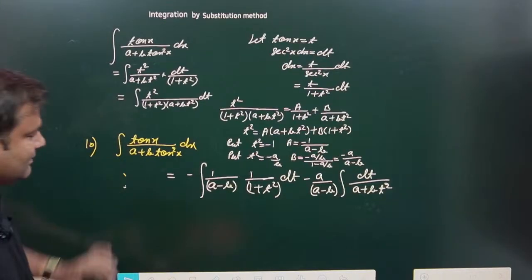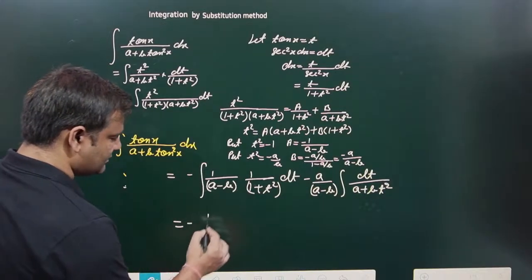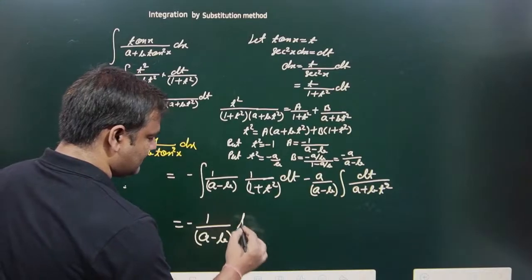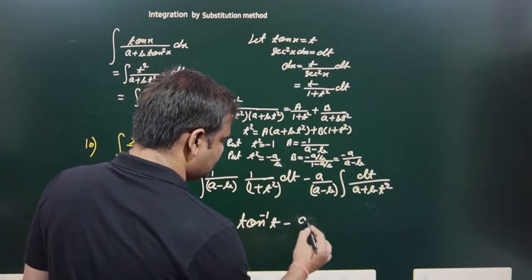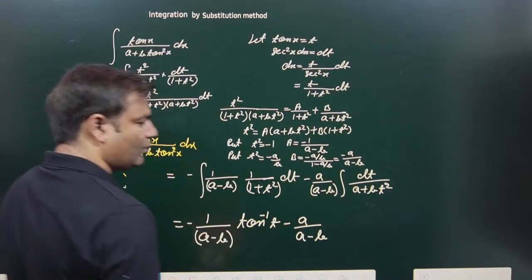After that, minus 1 upon a minus b, and that is tan inverse t, minus a upon a minus b. What about that value?